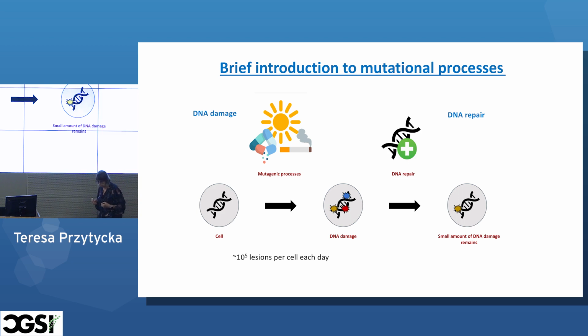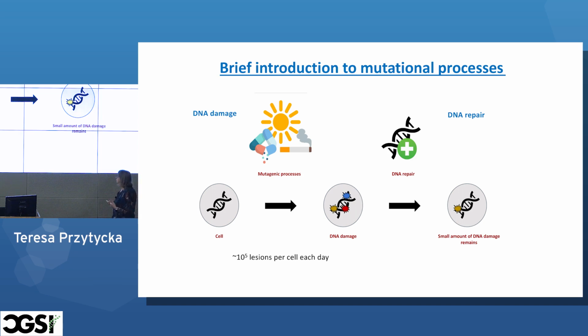So the cells depend on this balance between how much damage may happen and how efficient the DNA repair mechanism is. If an organism is subjected to a much higher amount of DNA damage, be that in an environment that is particularly unfriendly, too much UV light, maybe too much exposure to smoking, etc., then the lesion burden will be really high, and DNA repair may not keep up with it.